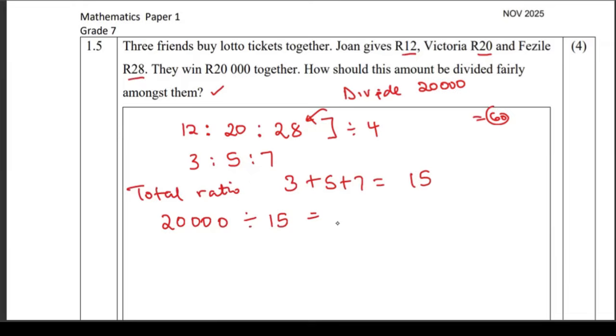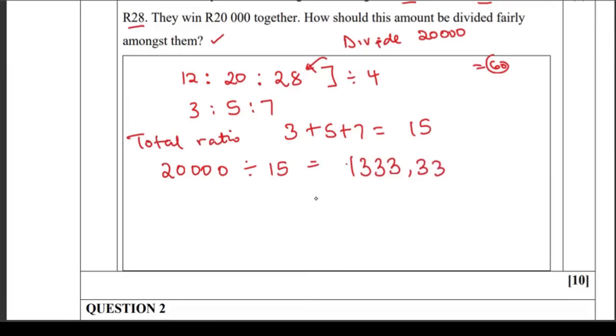If we use long division, it's going to be 1,333 with some remainders, so 0.33. Then for John, the ratio is a 3 multiplied by 1,333.33, because there's a remainder of 1/3.